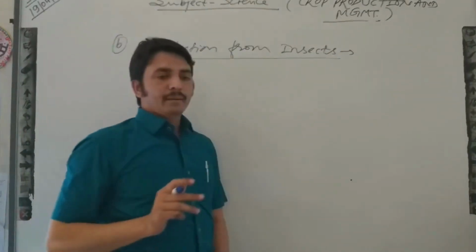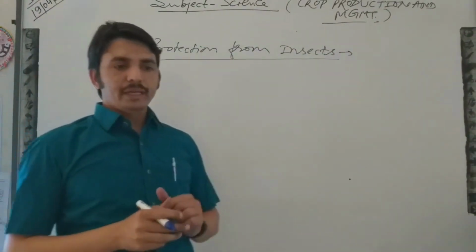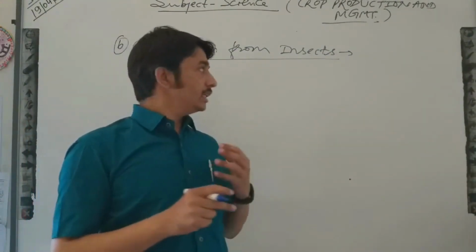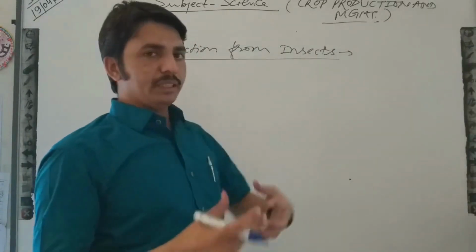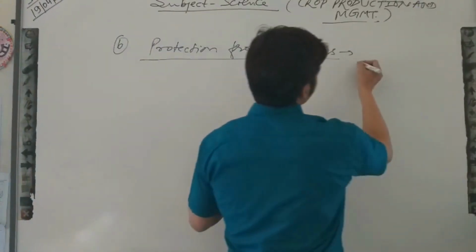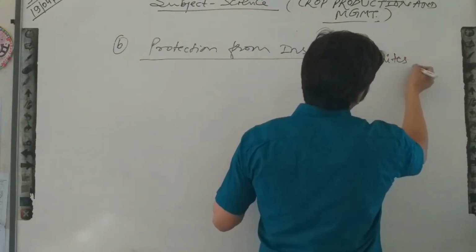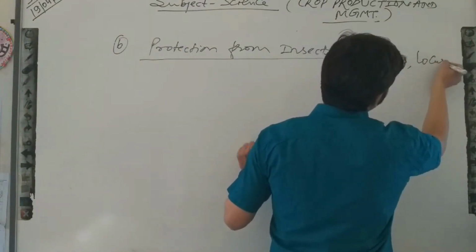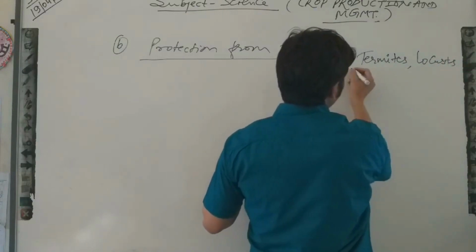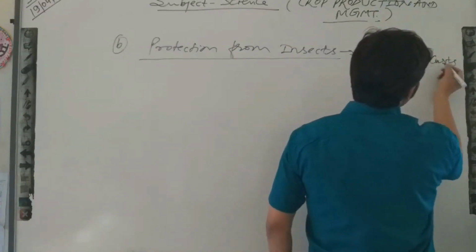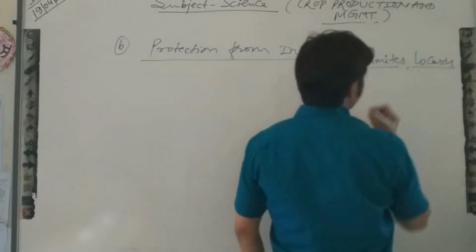Generally what will happen, insects will develop in the field and these insects will damage crops, like termites and locusts.